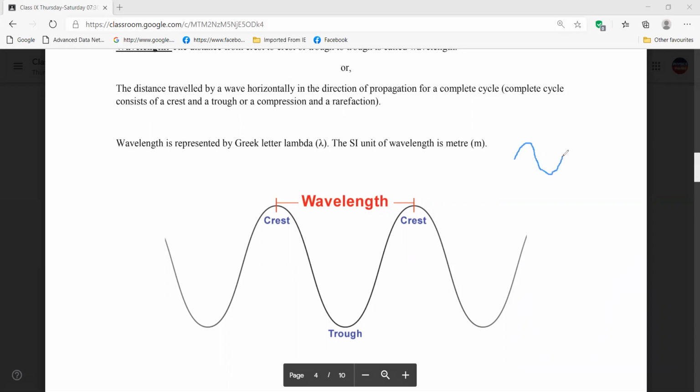Farabi, can you see? Yes, sir. So when the particle is moving up, we are getting a crest. And when the particle is moving down, then we are getting a trough. The particle is in its place here.